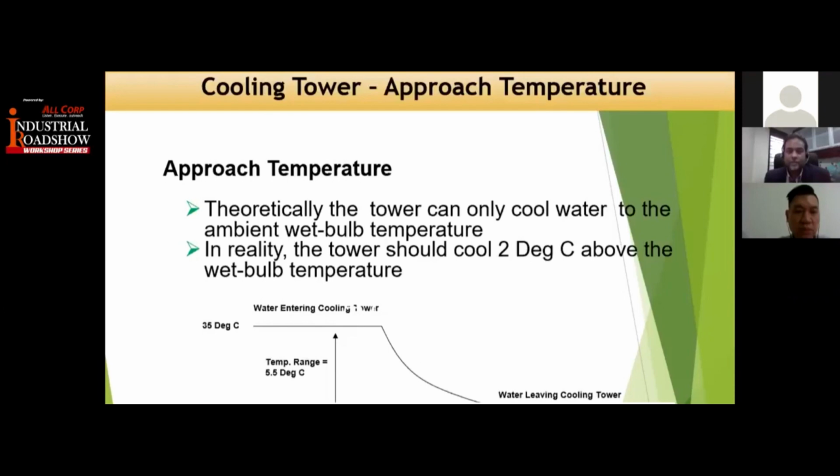The lower you can bring down the cooling tower temperature, the more efficient your chiller will become. So you'll have a major saving in that.